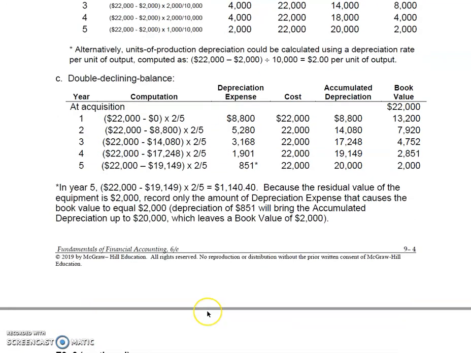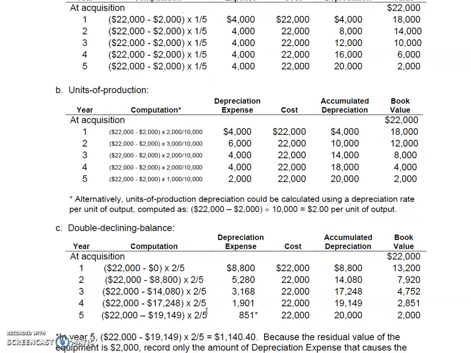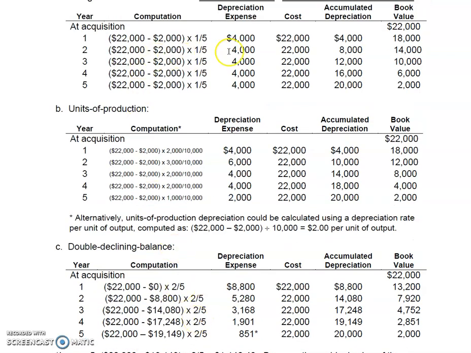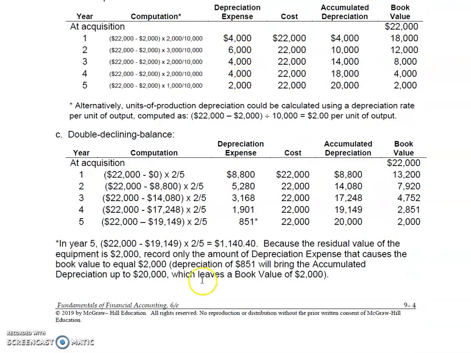Okay, so which one's going to give us the lowest depreciation expense in year 2? Well, the answer is straight line, $4,000. Under units of production, we had 6,000, and under double declining balance, we had 5,280. So the answer is straight line.